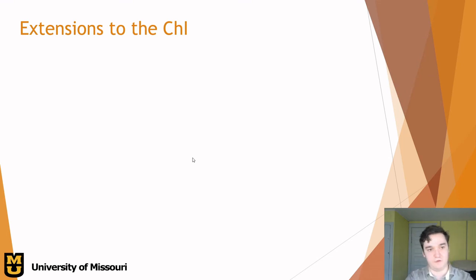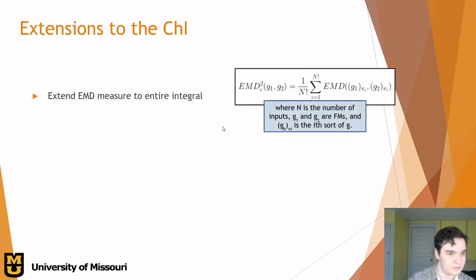Now that I've hopefully convinced you as to why the Euclidean distance doesn't work but the earth mover's distance does, we can try to extend this to work on more than just linear order statistics, but on the entire Choquet integral itself. The way we're going to do that is borrowing from our decomposition procedure. We are going to enumerate through all n factorial different linear order statistics that exist within a Choquet integral.